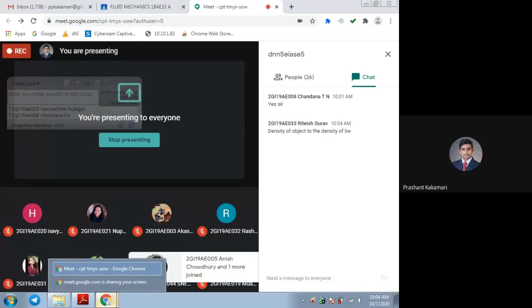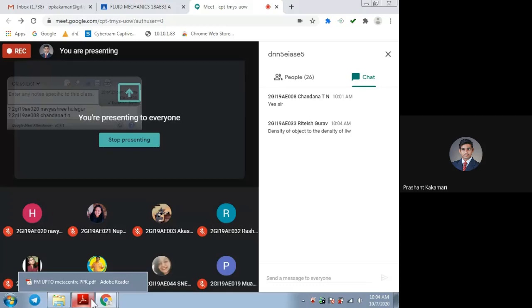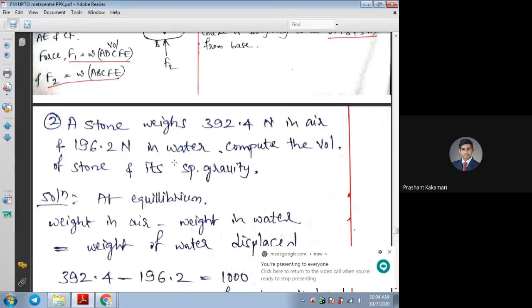Yes, very good. So for the specific gravity of any given substance, we take density ratios: the density of the given body to the density of the standard liquid, and that standard liquid we consider to be water. So here, with respect to the stone, we take the ratio to the density of water. Then we can find the specific gravity.